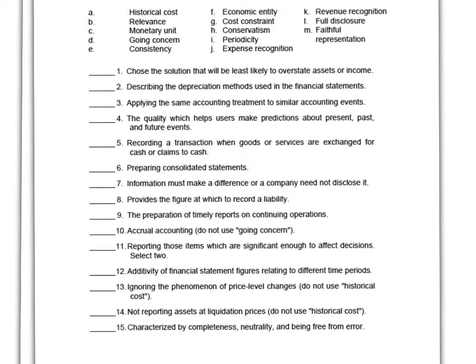It's possible that a letter may be used. So let's get started. Up here, you'll see here are the terms that we're going to be using, the concepts, and down below. So it says, number 1, choose the solution that will be least likely to overstate assets or income, and that's going to be our conservatism.